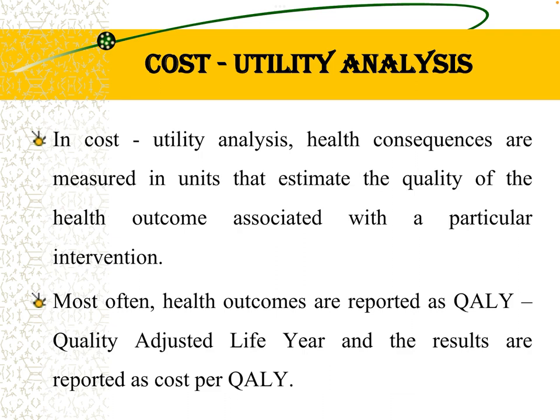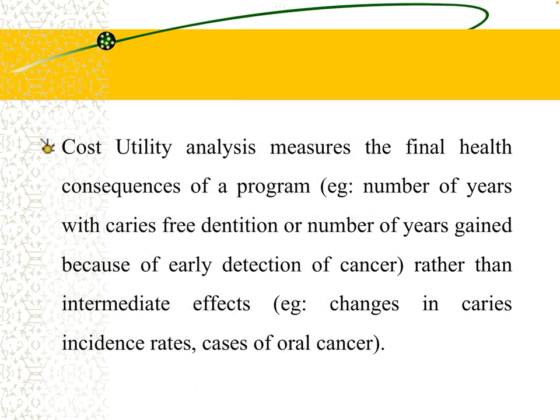In cost utility analysis, health consequences are measured in units that estimate the quality of health outcome associated with a particular intervention. Most often, health outcomes are reported as QALY, that is quality adjusted life year, and the results are reported as cost per QALY.